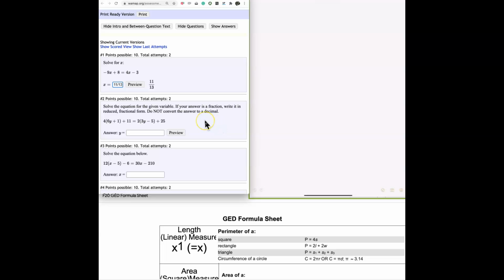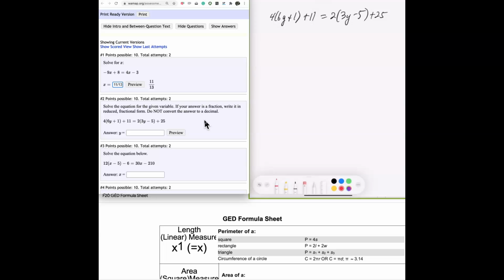All right, so now we've got 4 times (6y plus 1) plus 11 is equal to 2 times (3y minus 5) plus 25. So this problem is similar to the last one we did, except we're going to run into the distributive property, which is very useful.